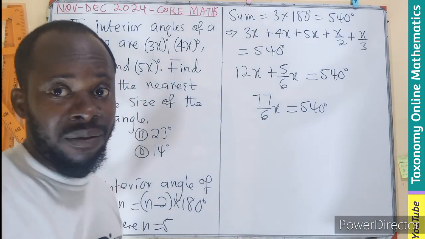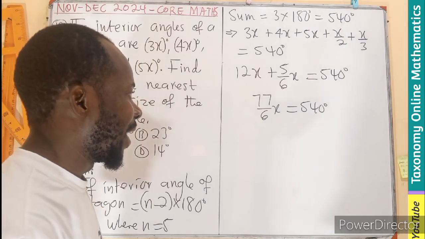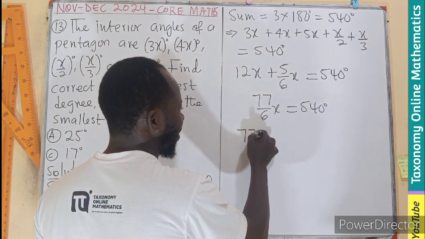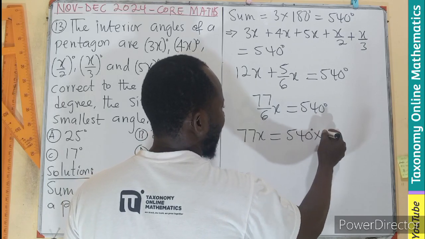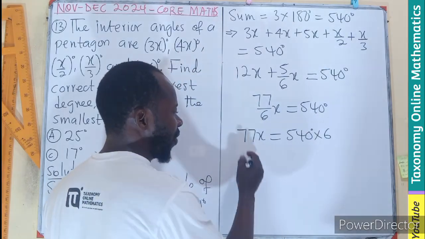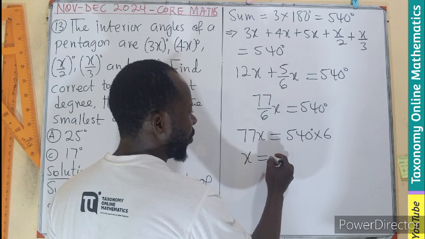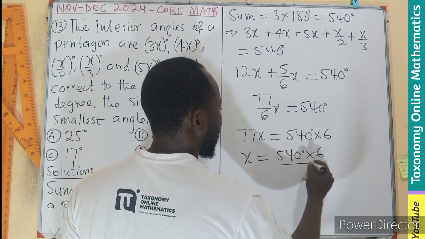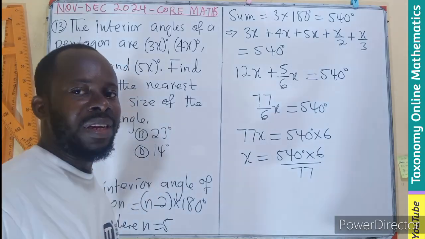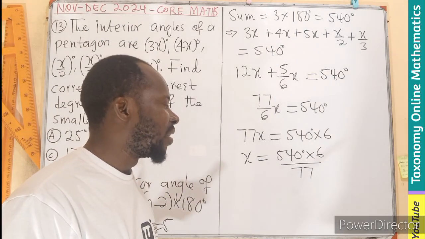This is an equation that involves fractions, so we multiply by the LCM. That will make it 77x equals 540 degrees times 6. Fast forward, let's divide. So x will be equal to 540 degrees times 6 divided by 77, if we divide both sides by 77.